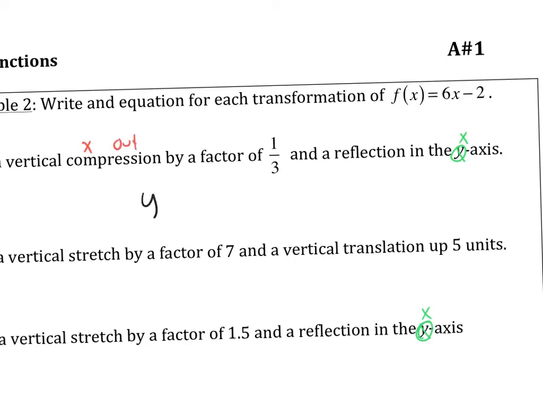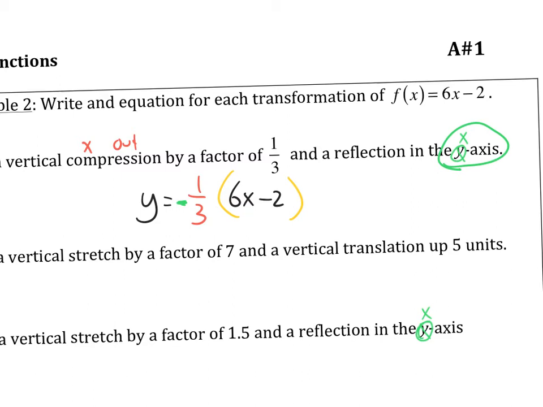So here's my original function, 6x minus 2. If you put parentheses around it, then the vertical compression is happening outside of this. So I put the 1/3 in the front. Next, if I want to make it reflect on the x-axis, all you have to do is throw a negative in the front.